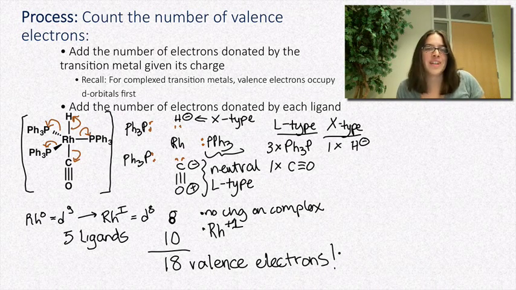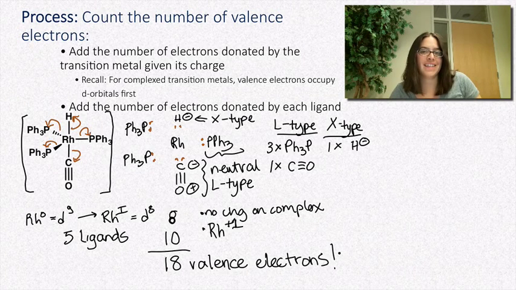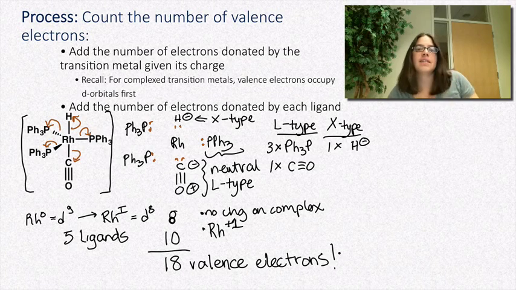Please note that for transition metals, the total number of valence electrons should generally not exceed 18, because you can populate the s, the p, and the d orbitals, and that gives you a maximum of 18 electrons.